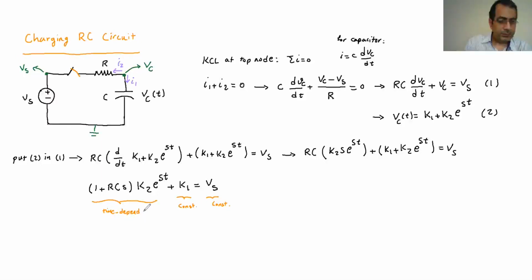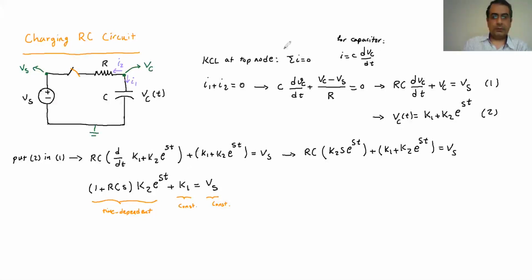To satisfy this equation, because these two are constant, the only way is that the time dependent part should be 0. Otherwise, if the time dependent part keeps changing, there's no way that one side is changing and the other side is constant. So the only way it is satisfied is that this time dependent part becomes 0.